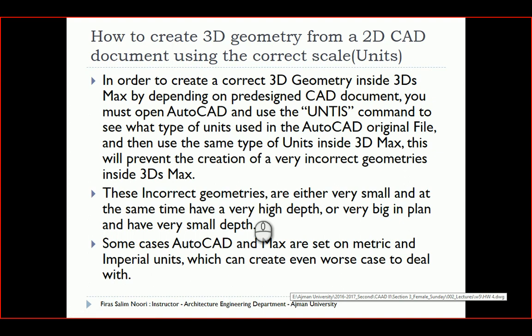You're either going to have a very small, tiny plan and a very tall height, or the other way around, a very big plan and a very small height, if you miss the units of CAD to Max, maybe millimeters and meters, or the other way around. Inch to meter, if the CAD was in inches and Max was in meters, it's another issue. It's also going to be incorrect.